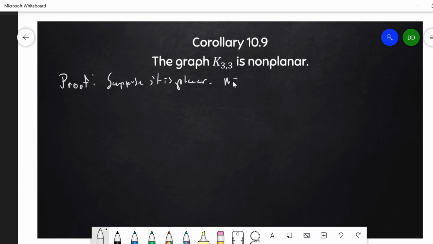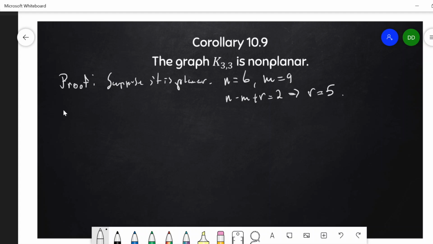Then n, our number of vertices, is 6. m is equal to 9. And so if it were planar, by Euler's identity, we would have n minus m plus r equal to 2. So that would be 6 minus 9, negative 3, plus r equals 2. So that would tell us r was equal to 5.